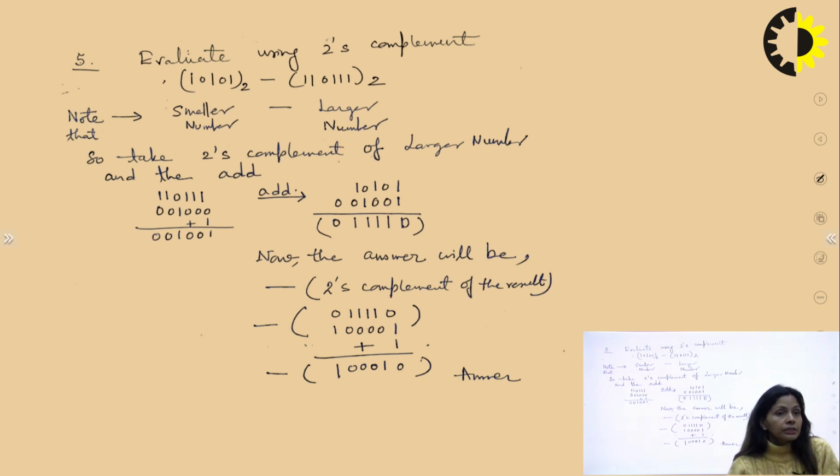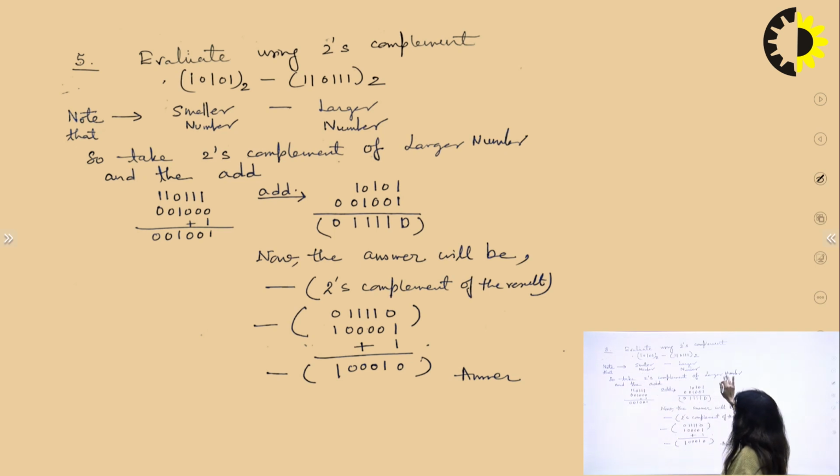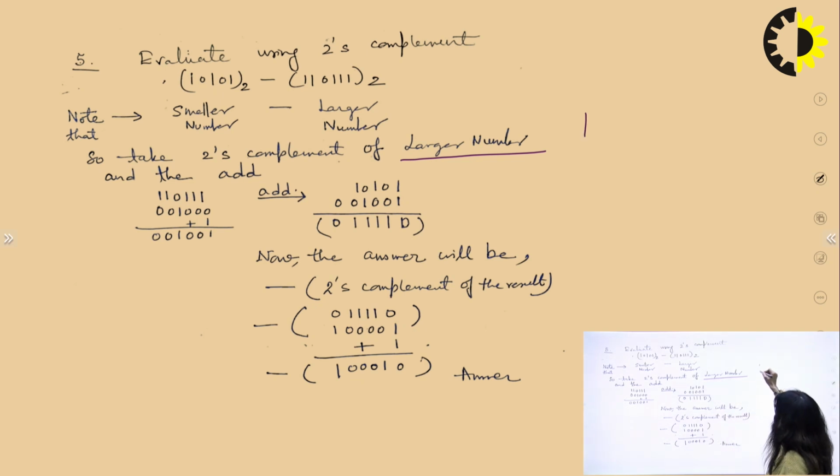This is the case where we are subtracting a larger number from a smaller number, right? So the first number is this one and the second number is this one. Okay, so we will take the 2's complement of the larger number. The method is to take the 2's complement of the larger number. We have to do this.